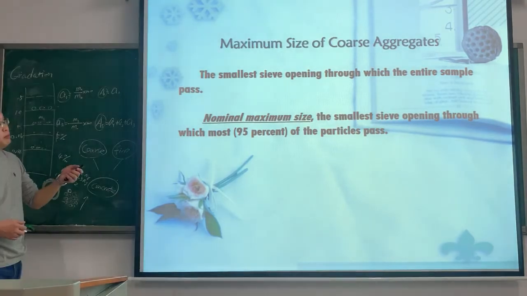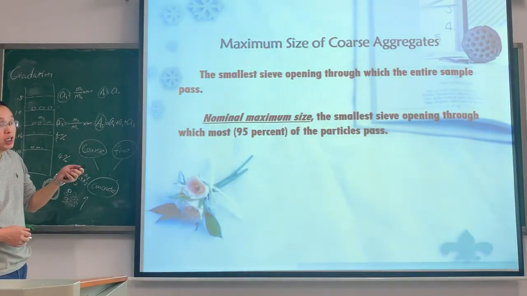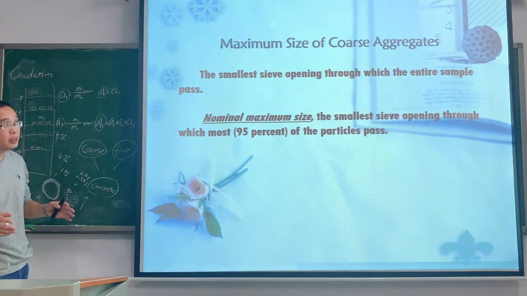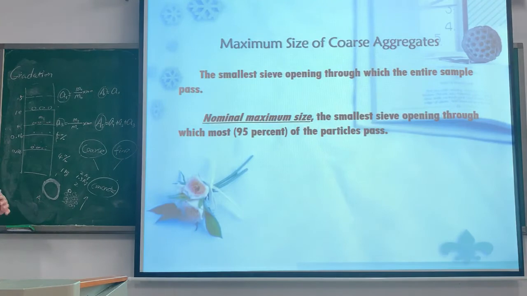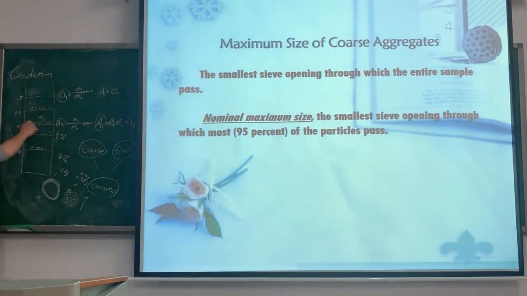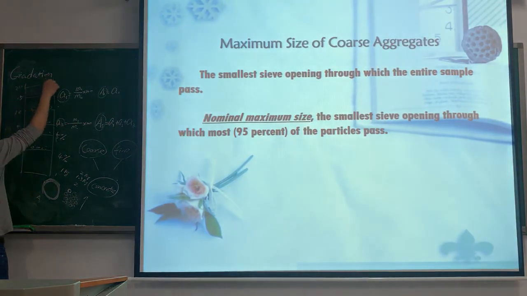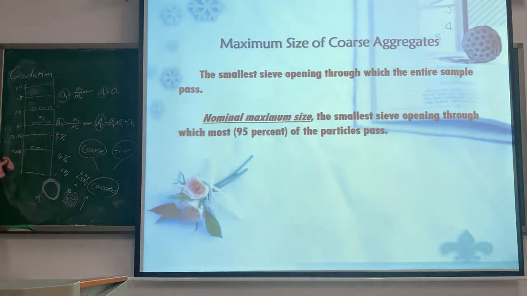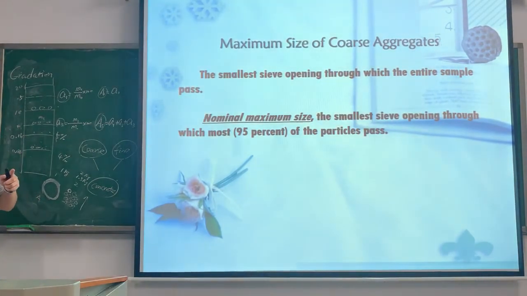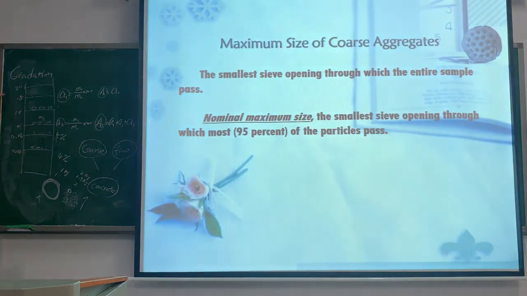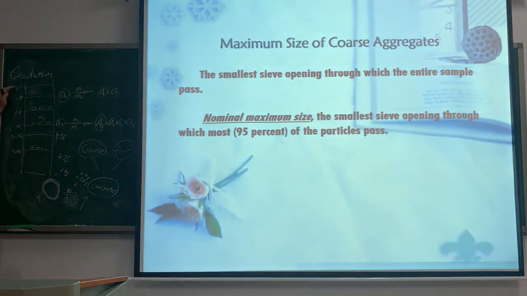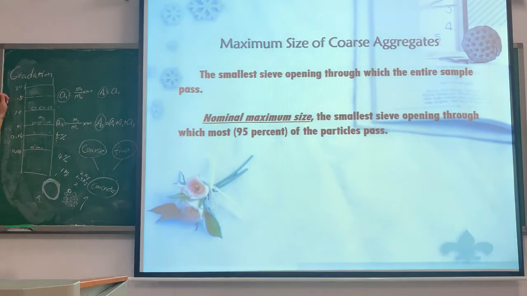It means the smallest sieve opening through which the entire sample passes. So from this diagram, which one is the maximum size? Maybe this is 14, 16, 10. Which size is the maximum size of this aggregate? 20?